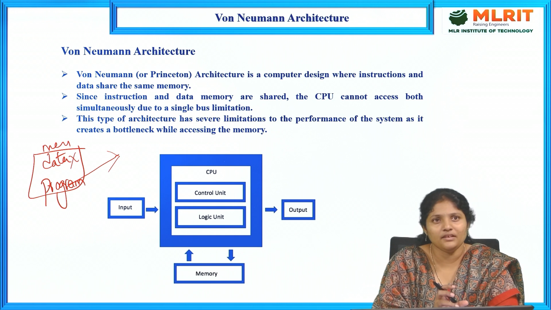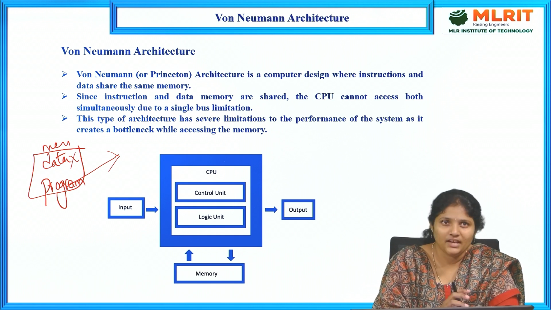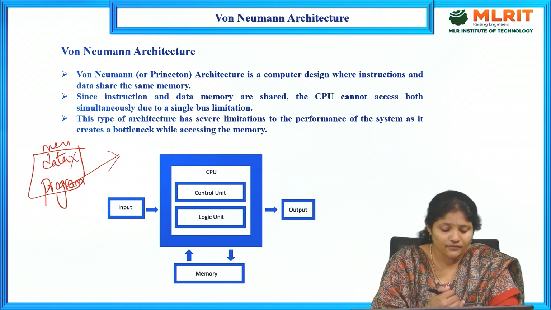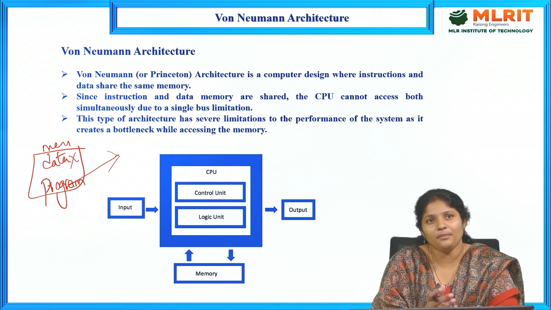The data memory and the program memory are both saved in a single memory chip. So we can't fetch the data while the program memory is being executed. This is the problem with von Neumann architecture.